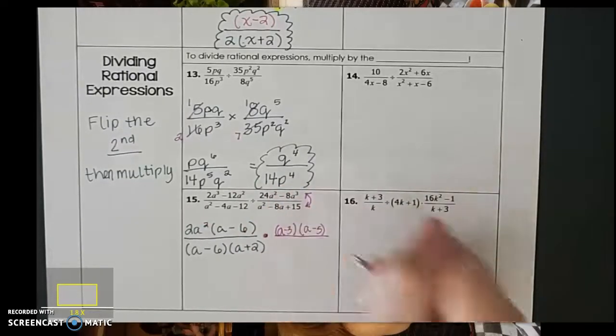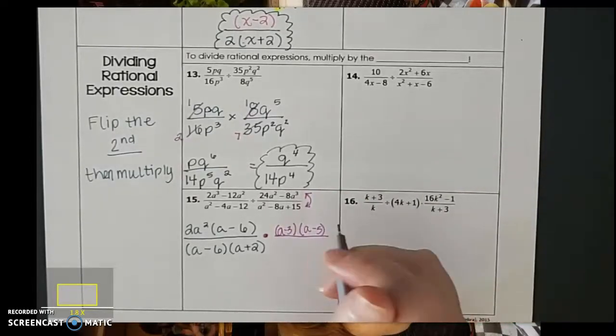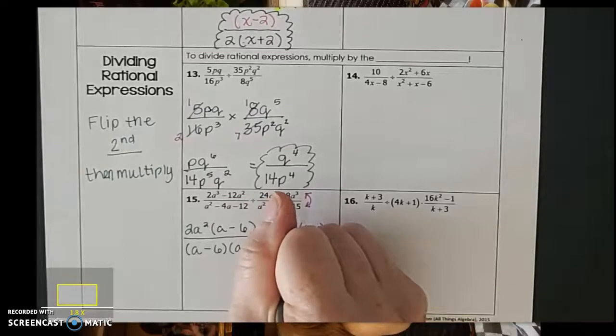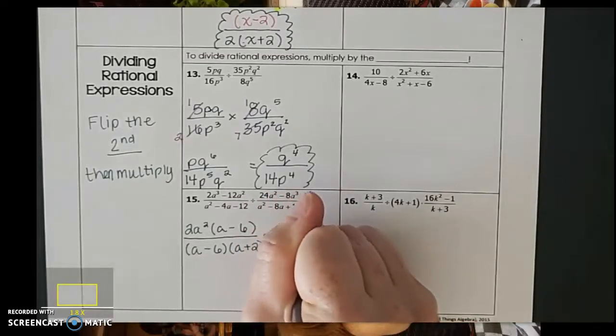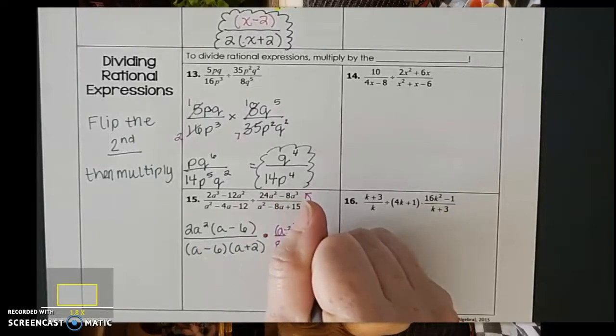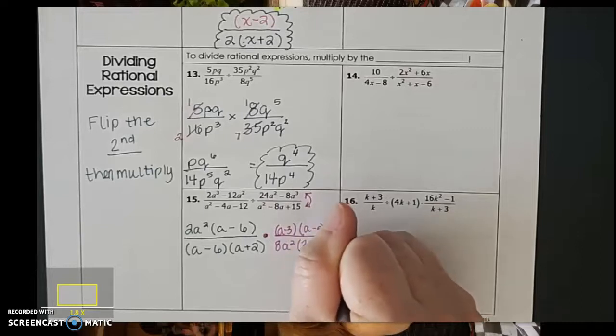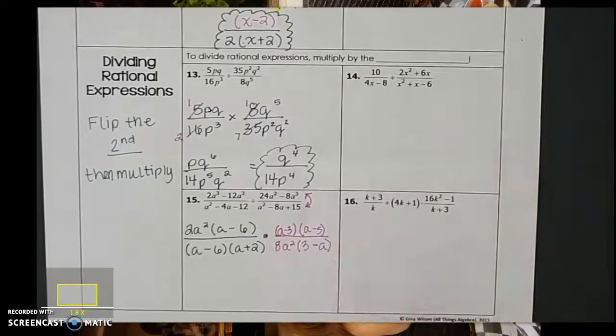And then I'm going to factor out an 8a squared from here, and I'm going to be left with 3 minus a. All right, so I'm going to start reducing here.